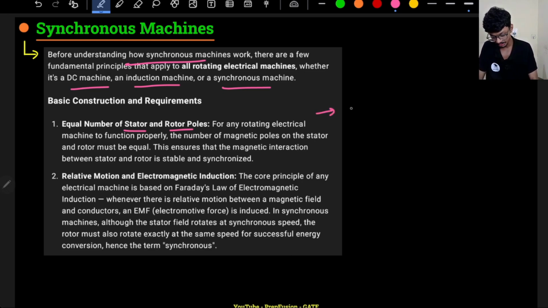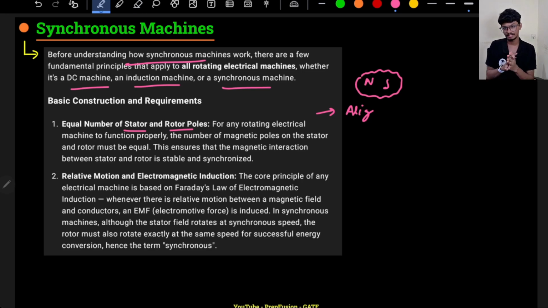Why? Because there needs to be alignment torque, right? The north pole of the rotor and the south pole of the stator must make a couple, right? So basically, for a system to be at balance, it's like you are going out with your friends. Let's say you have two friends, one is a boy, Ram, and another is a girl, Shushmita.